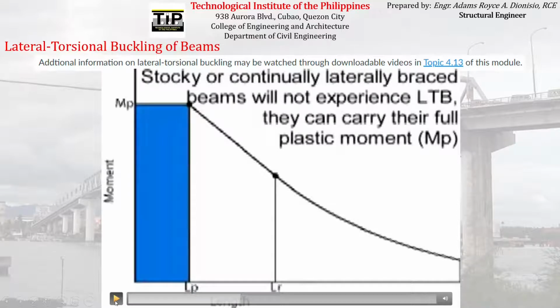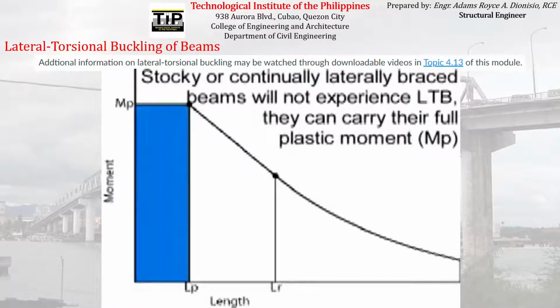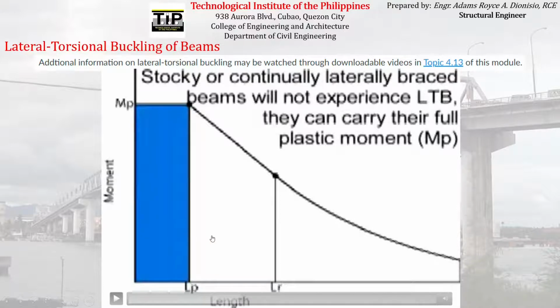Stocky or continually laterally braced beams will not experience LTB. They can carry their full plastic moment, or MP. So you can see here, kung medyo maliit yung spacing between one bracing to the other, mas nagkakaroon siya ng chance to attain its maximum possible capacity, which is equal to the plastic moment.